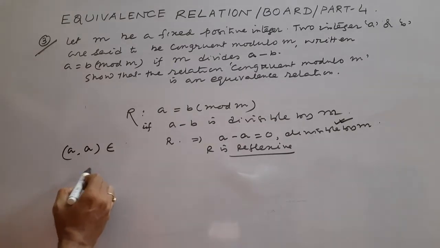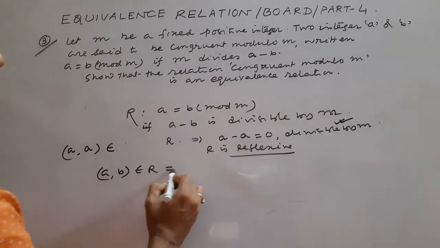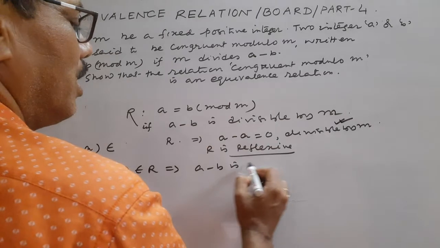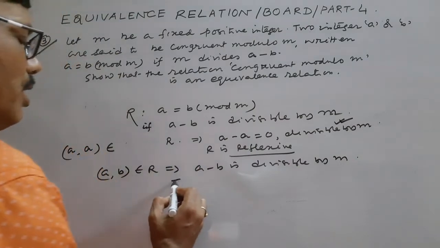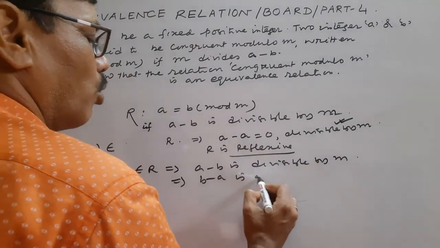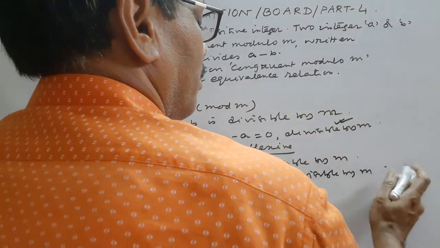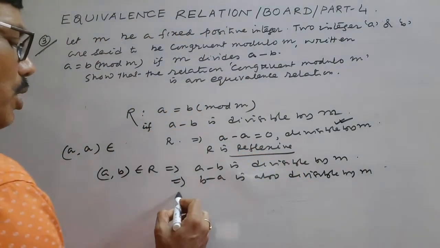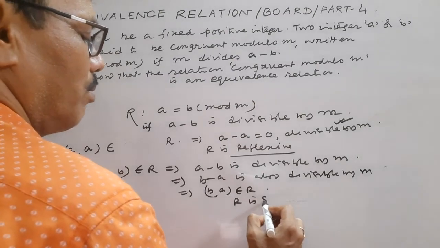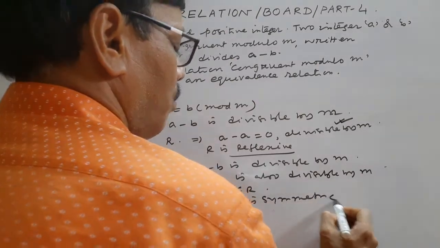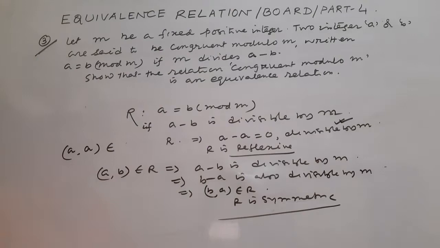Now, for symmetric, (a, b) belongs to R implies a minus b is divisible by m. So this implies b minus a is also divisible by m. If the quotient here is 2, then it is minus 2. This implies (b, a) belongs to R. So R is symmetric. We have already proved this problem, but it is given in other language.